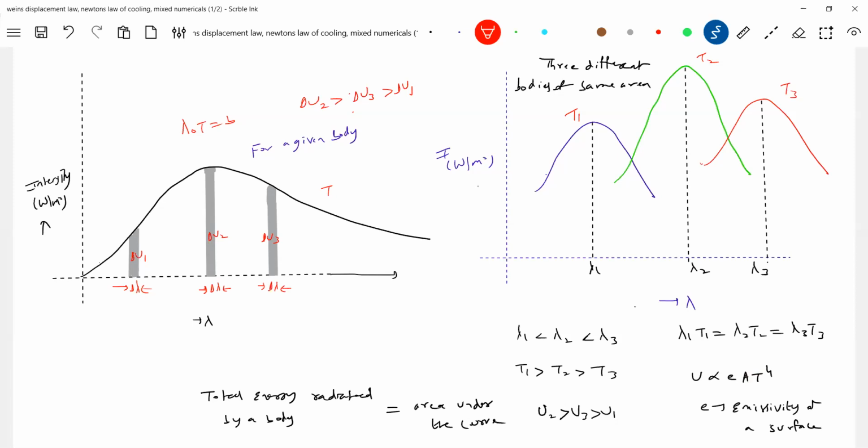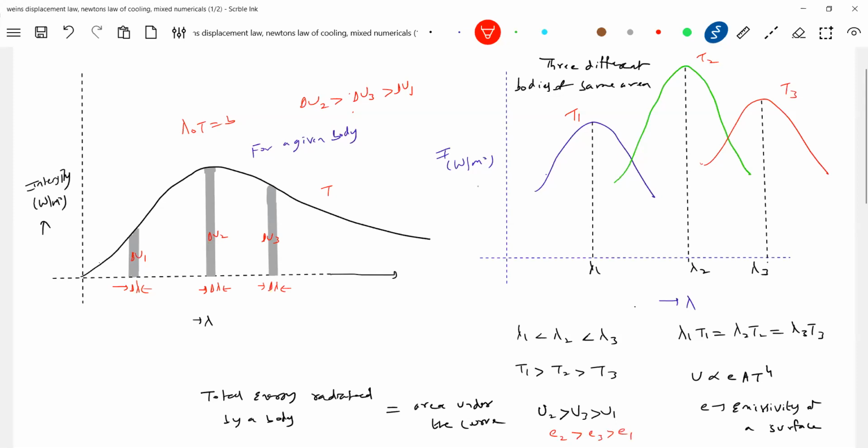Okay, let me not disturb that. But they may ask you, you should be ready for that. Since U2 greater than U3 greater than U1, and T1 greater than T2 greater than T3, and the area is the same, what do we expect here? E2 must be greater than E3 greater than E1.